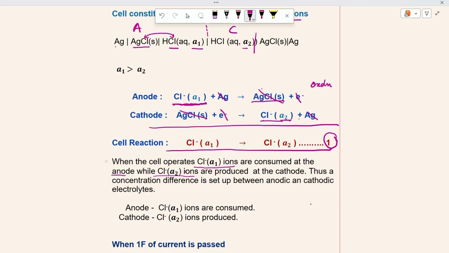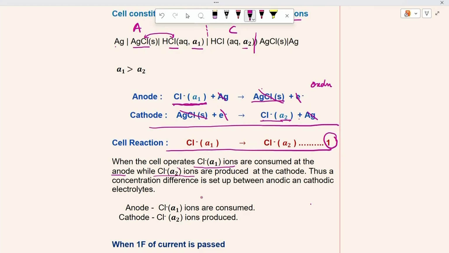In the anodic compartment its activity is A1, and in the cathodic compartment its activity is A2. Thus, the concentration difference will be set up between the cathode and anode, and therefore, surely there will be a migration of ions from anode to cathode as well as from cathode to anode too.